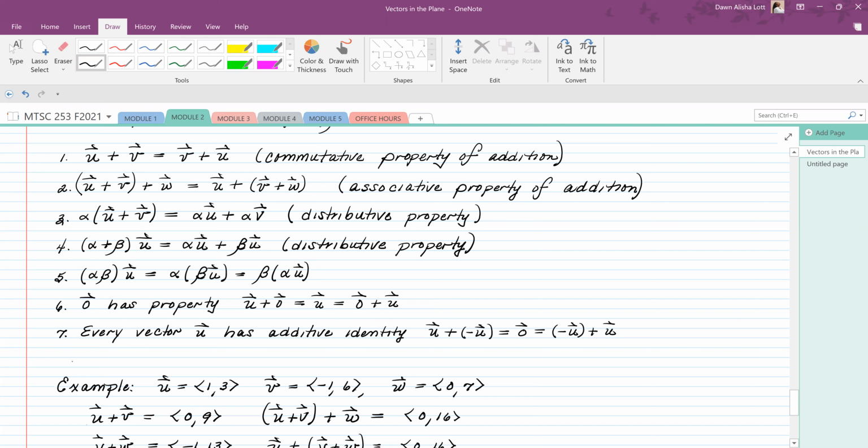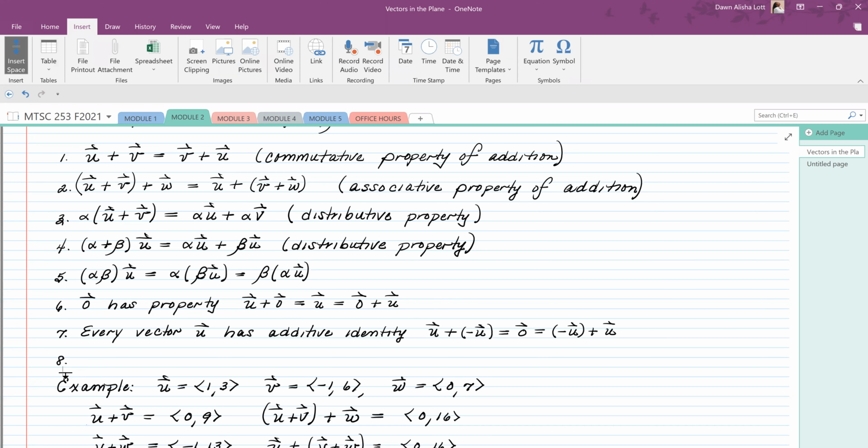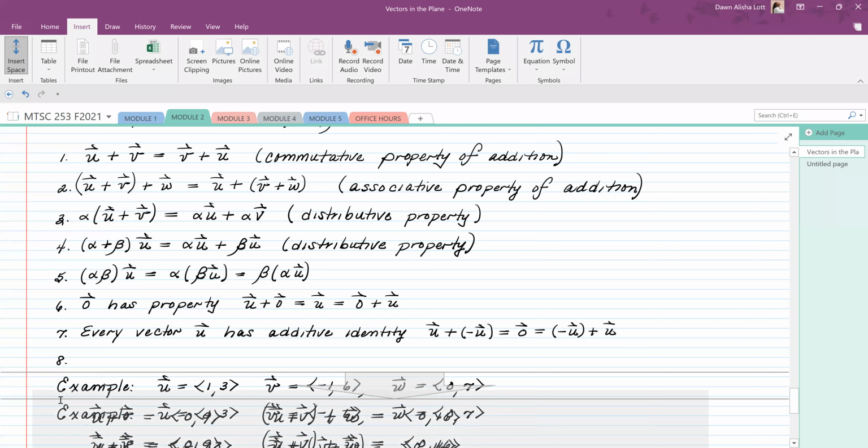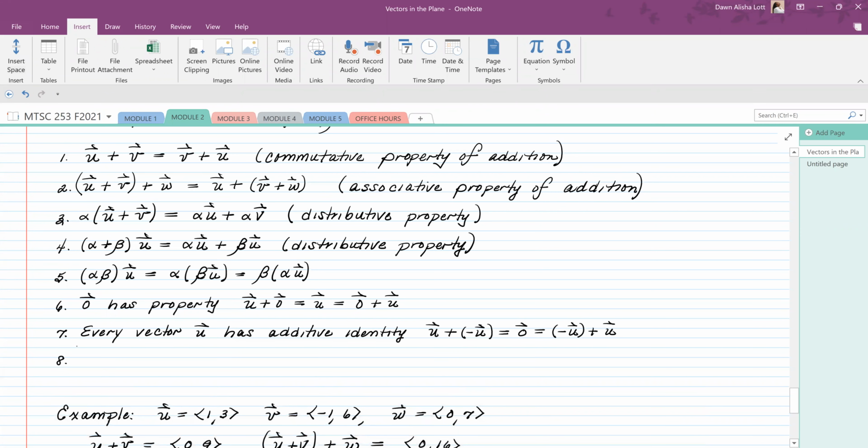And then multiplicative identity, and that is the number 1 times u is equal to vector u.